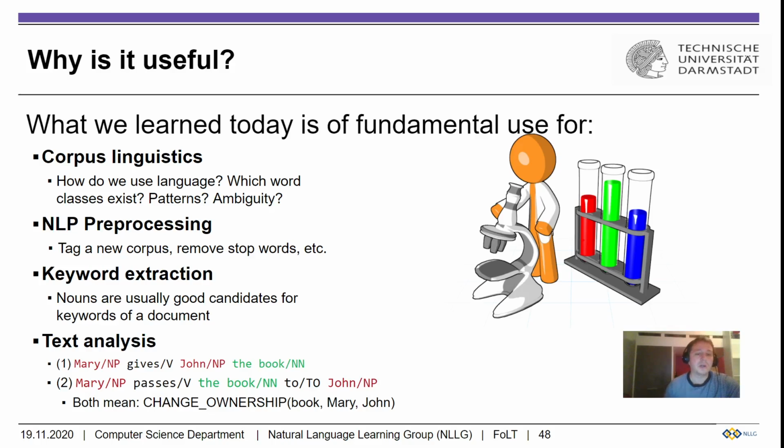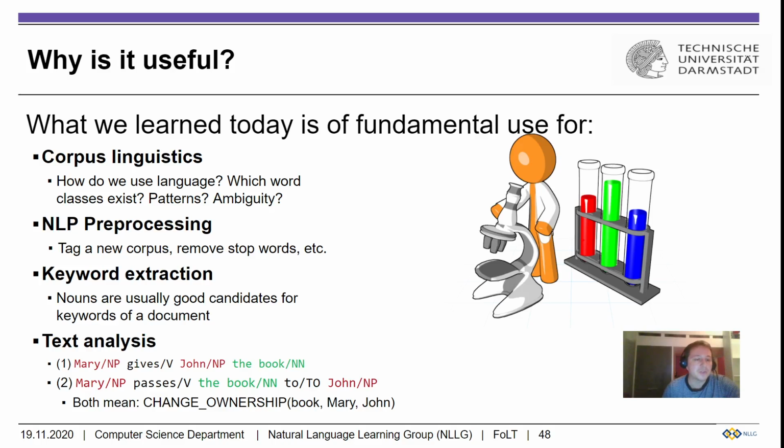So nouns are usually keywords of a document. For example, in a scientific paper, they usually take the nouns and verbs, maybe mostly nouns, as the keywords. So by doing part of speech tagging, we can approximate this, or at least exclude other candidates.